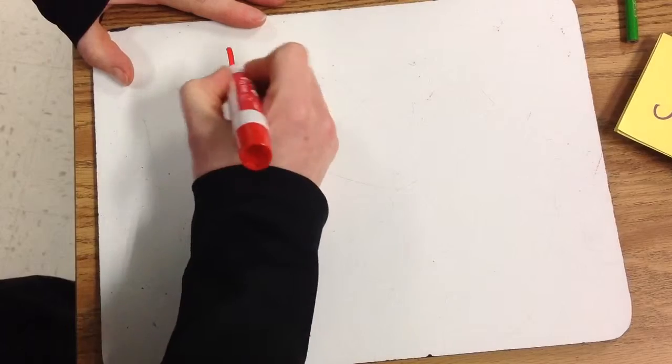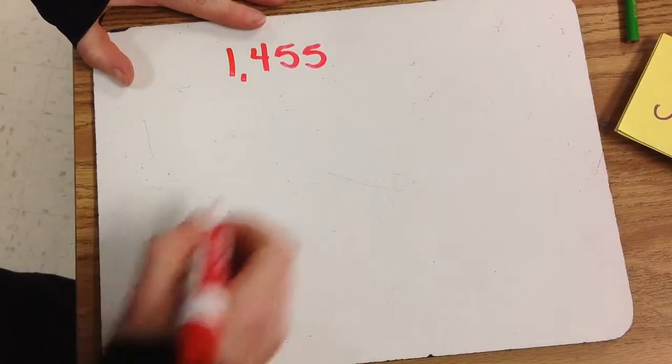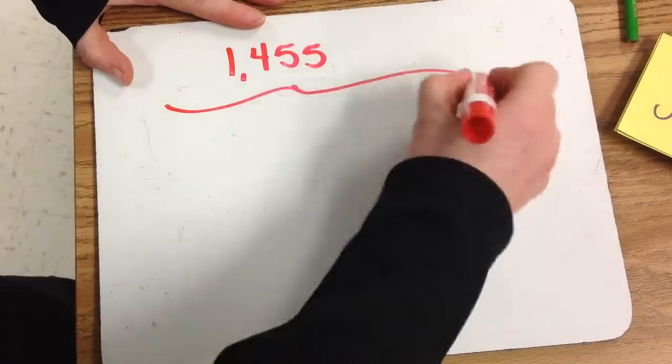I'm going to tell you a story, and I'm going to draw while I tell it, so make sure you're drawing what I'm drawing. The store wanted to put 1,455 bottles of juice into packs of 4. So I know that I have this many bottles of juice, and we want to put it into packs of 4.